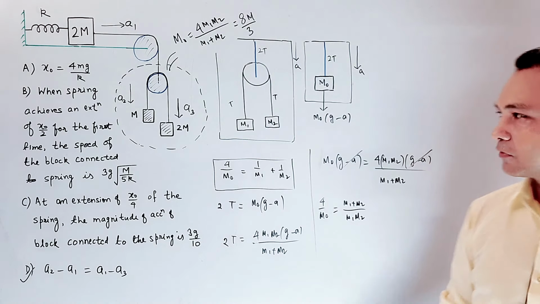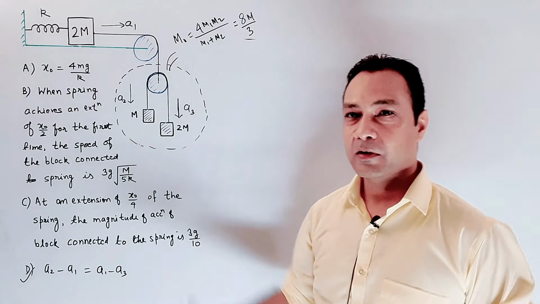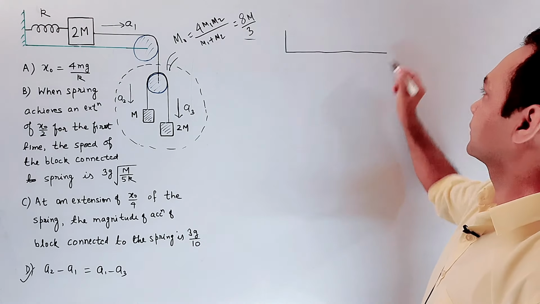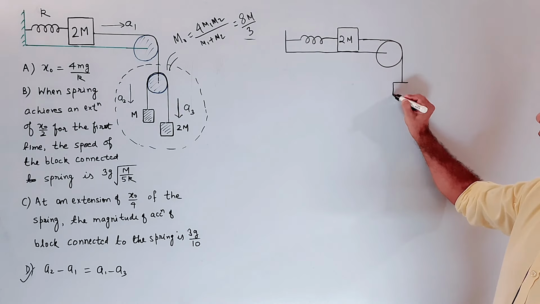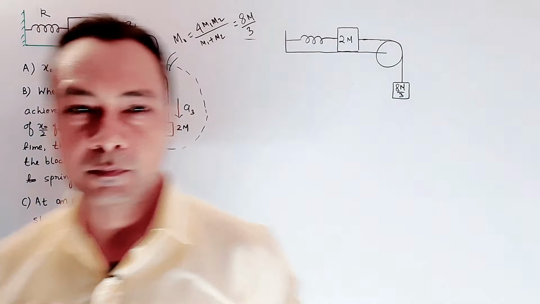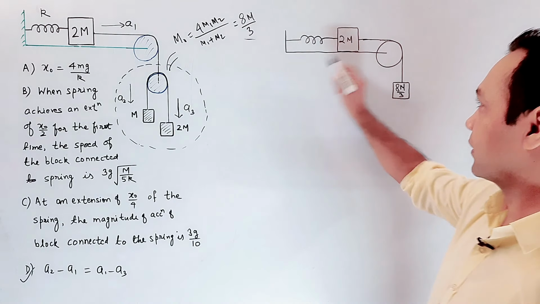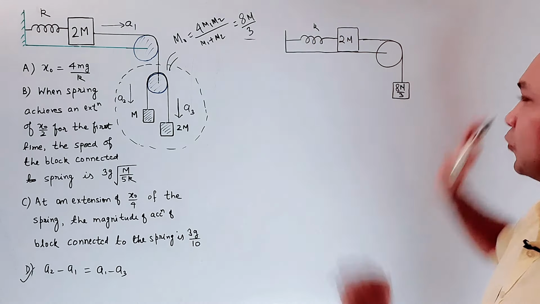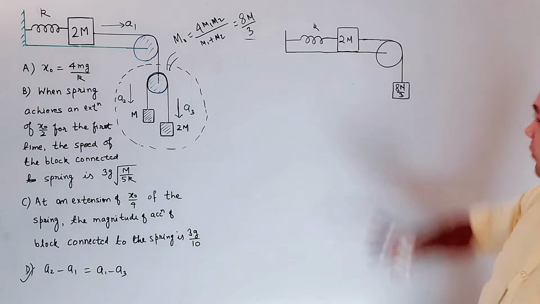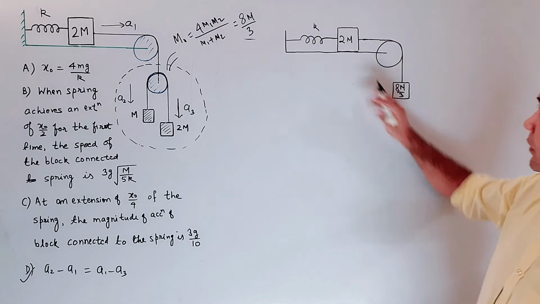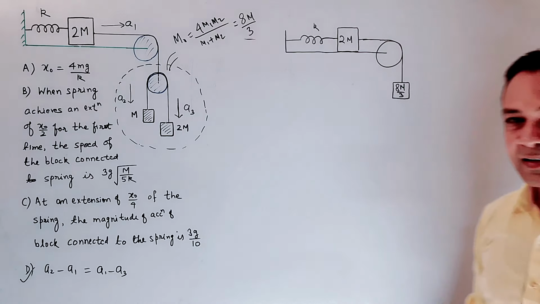So I'm going to replace this whole mass by a single mass 8m by 3, and we'll make some more reductions. So for that I'll need to remove this. I'm replacing this whole setup by another setup like this, and I'm further replacing this by another system, and I just want to make it a 1D problem. If I look at this whole thing, this weight and normal reaction will be balanced. For this whole system of 2m and 8m by 3, the tension in the string will be internal.